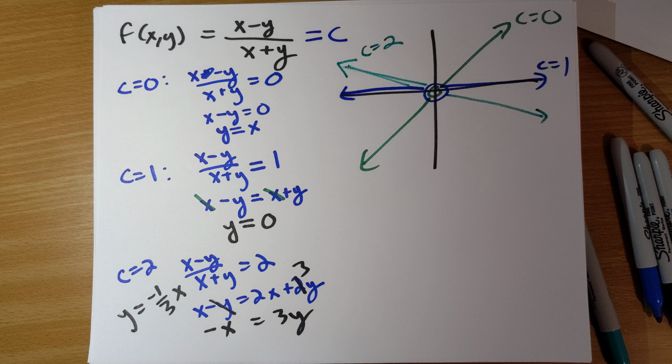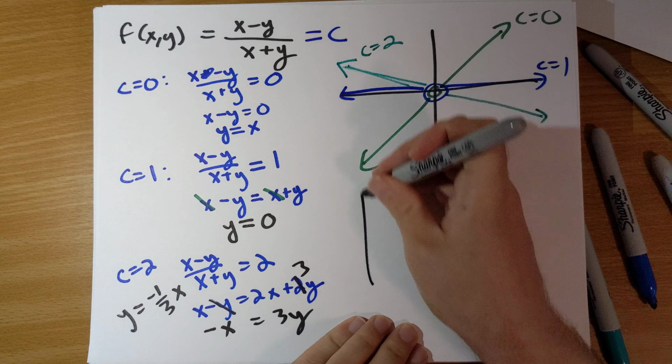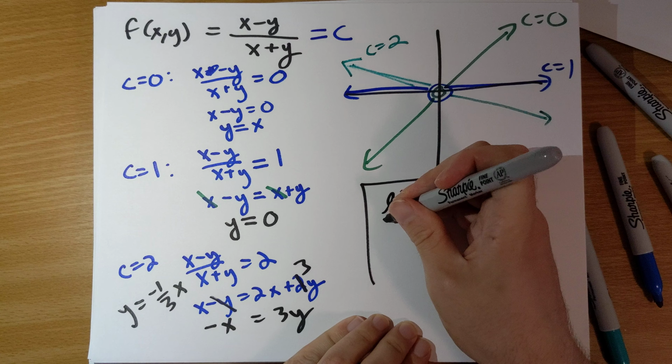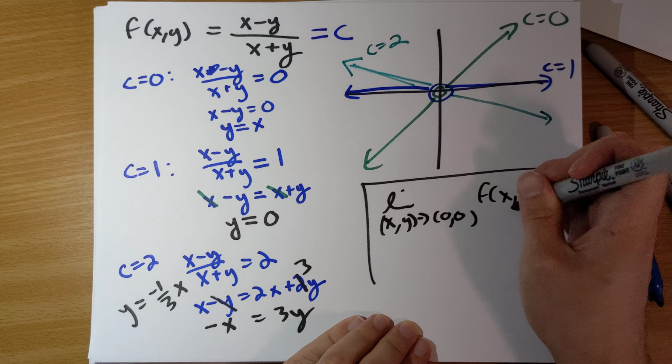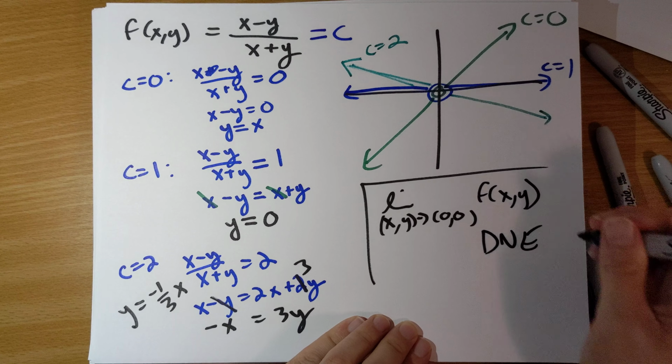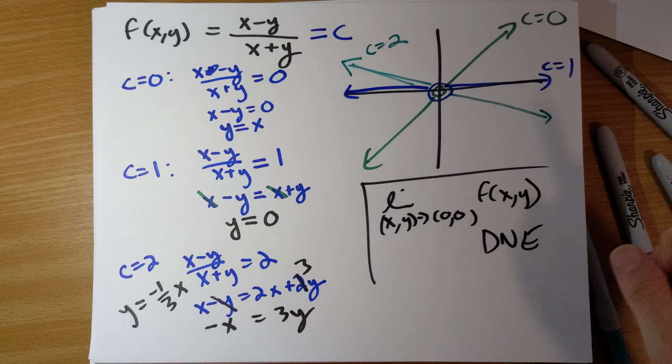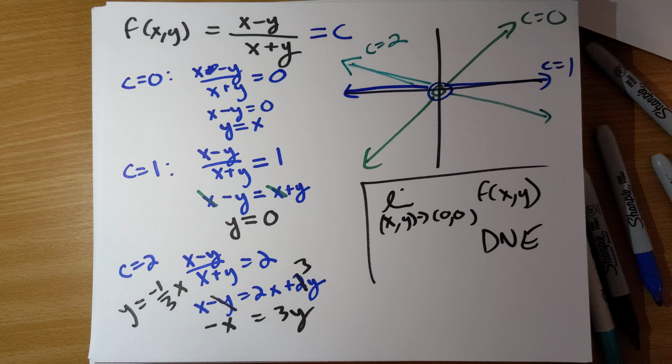For part B, for a graph, what can we conclude about the limit as (x, y) goes to (0, 0) of f of x, y? For part B, we should conclude that the limit as (x, y) goes to (0, 0) of f of x, y does not exist. Why doesn't it exist? This has to do with the two-path rule.